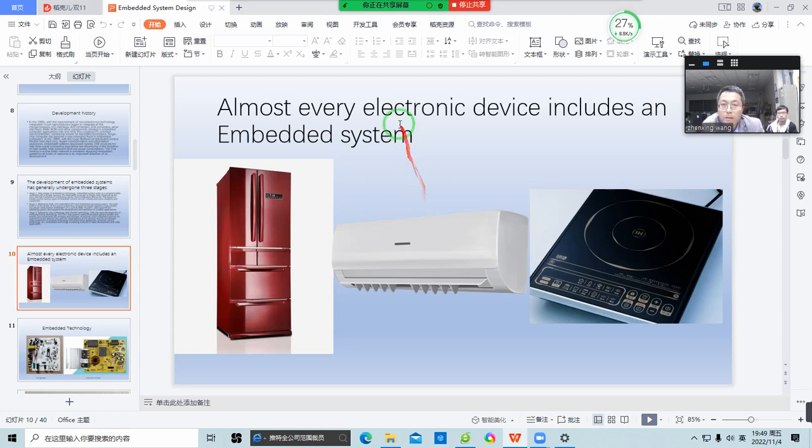As we know, almost every electronic device includes an embedded system. You can see this is a refrigerator. It includes an intelligent controller that detects the temperature inside the refrigerator. You set the temperature, for example, -5 below 0, and the controller receives this configuration.